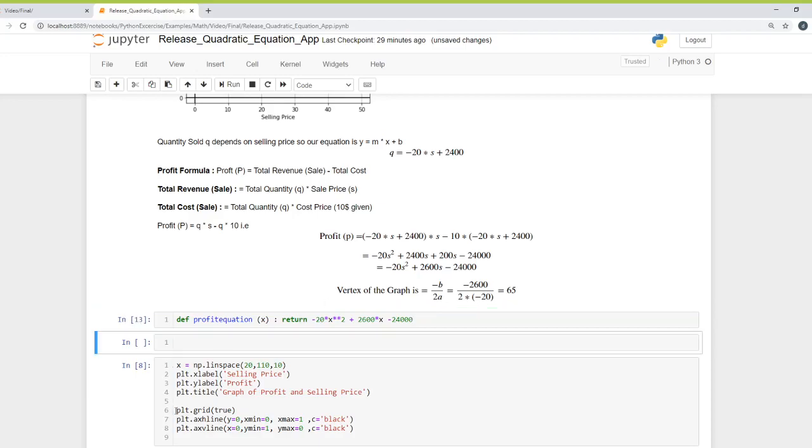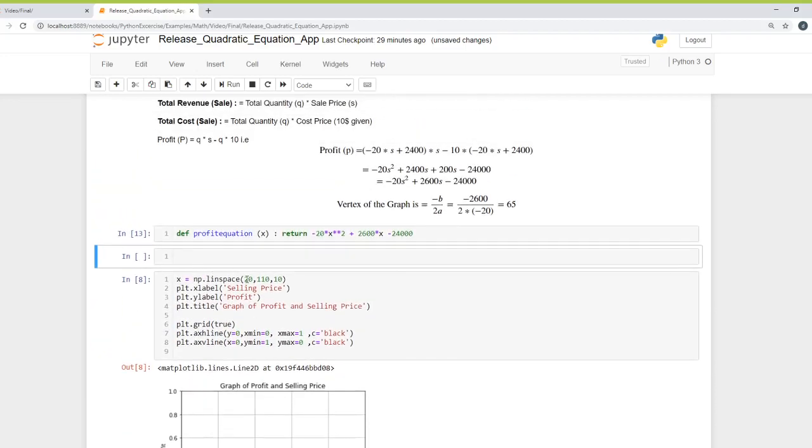Shift enter. Our x values are from 20 to 110 with a step of 10. Let's get the y value. Y is equal to the profit equation, passing the value of x, and then we draw the graph.